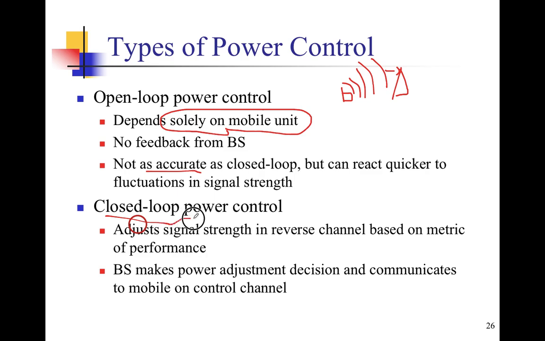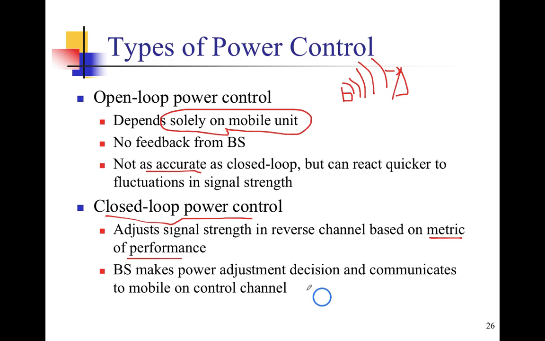Closed loop power control adjusts signal strength in the reverse channel based on metrics of performance. We have discussed the performance metrics, but those are on the end of a lot of metrics from the base station. The base station makes the power adjustment decision and communicates to the mobile on the control channel.